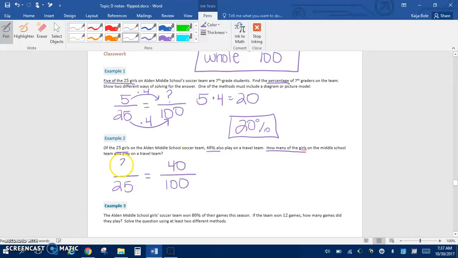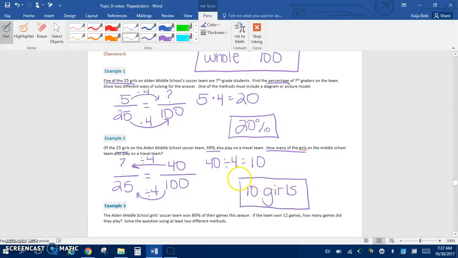So they're asking us how many of the 25 play travel soccer. Now we're kind of going backwards. So we ask ourselves, how do we go from 100 to 25? My arrow disappeared. That means we'd be dividing by 4. So we're going to do the same thing on the top. 40 divided by 4 is 10. So our answer would be 10 girls.